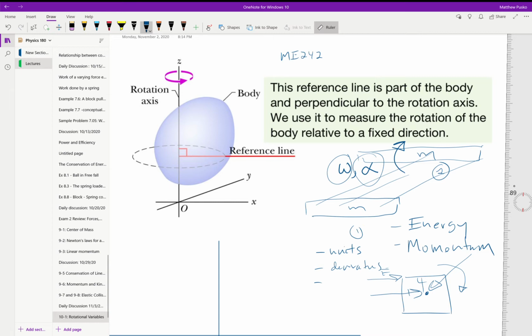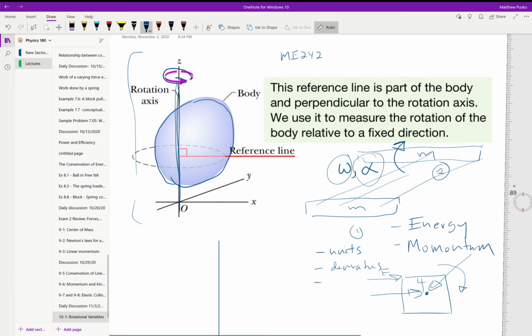Okay, so I took this one from the book just to give us a good diagram to work with. This is some solid body, so it's got some mass distribution, most likely uniform. We'll learn that it depends on what axis we rotate it about. In this case we're rotating it about the z-axis.